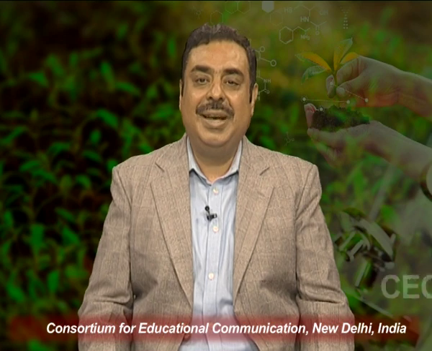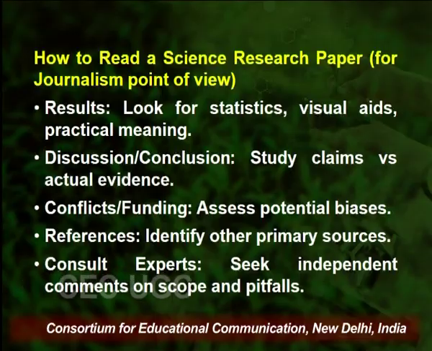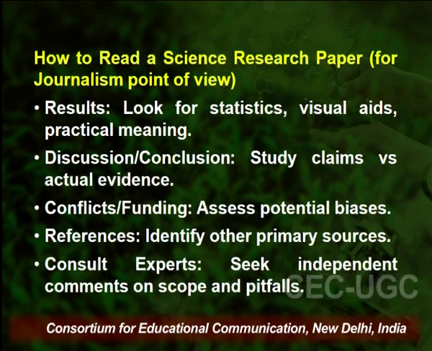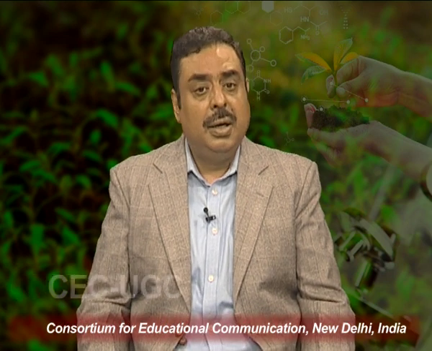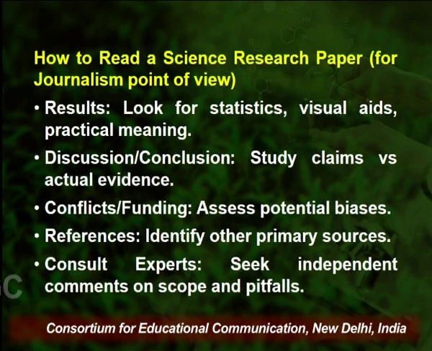How to read a science research paper, my dear friends, listeners, students, you must know, because in a science research paper you can find a lot of data, new findings, discoveries and a lot of newsworthy items. First of all you have to read the results. Look for statistics, visual aids and practical meaning.